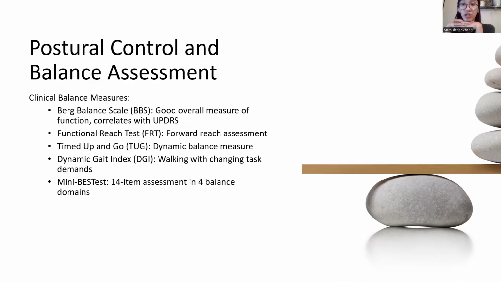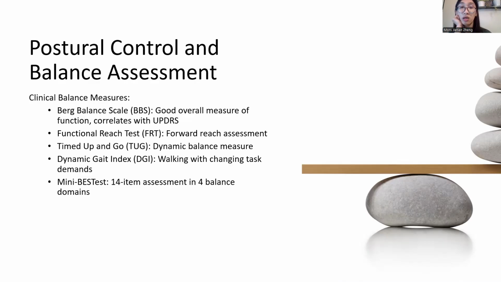The functional reach test assesses forward reaching capacity, while the timed up and go evaluates dynamic balance during a functional task. The dynamic gait index examines walking with changing task demands, which is a common challenge faced by this population, and is particularly relevant for PD patients as well.